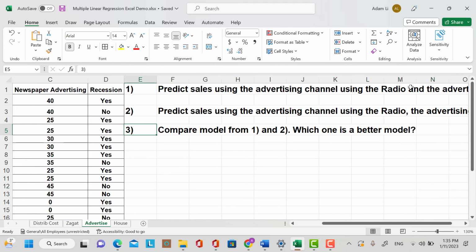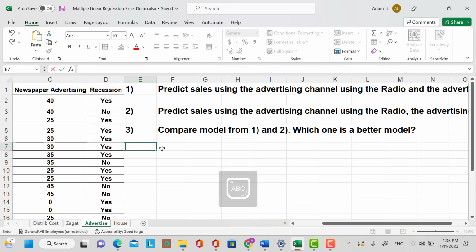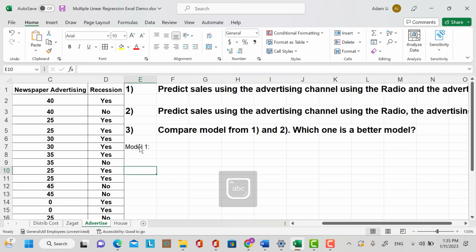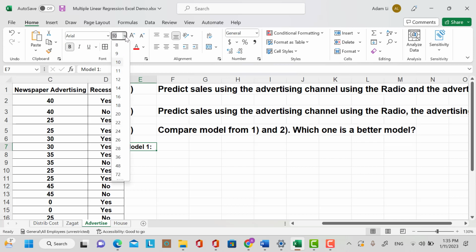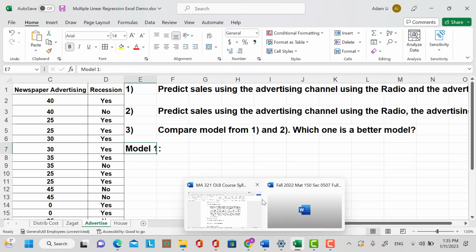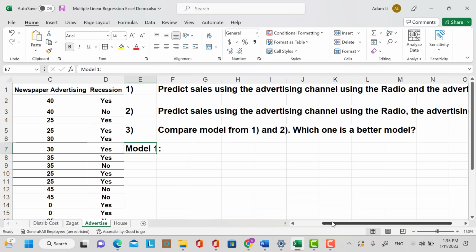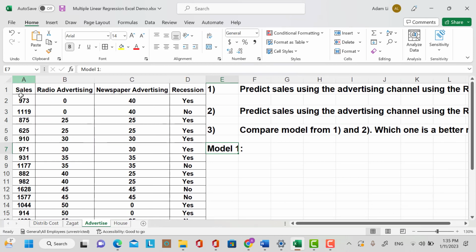Okay, so first of all, let's get to model number one. Let me just highlight this, and later we're going to compare these two models, so it's useful to label this. For model number one, we're going to predict sales using the radio advertising and the newspaper advertising.